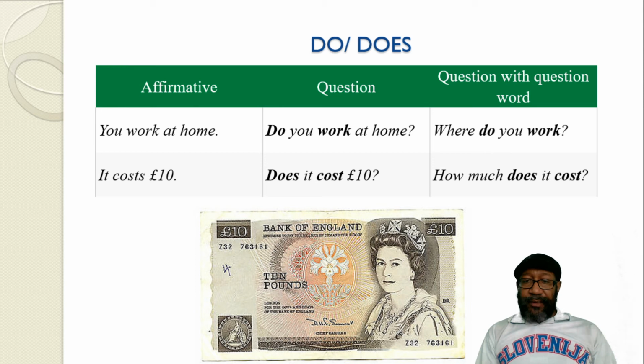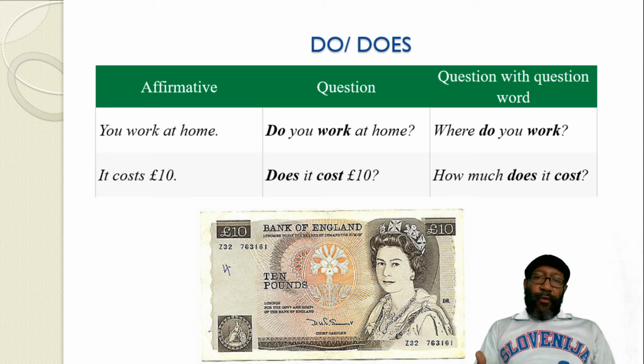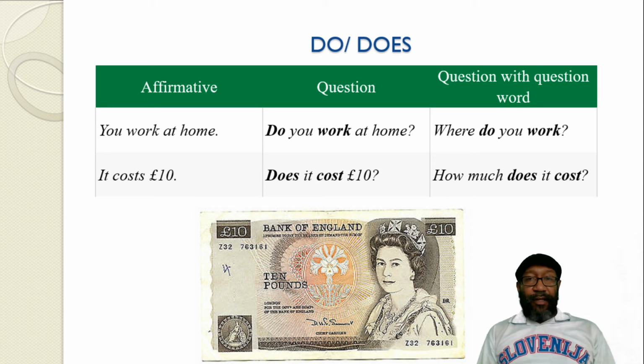So you can see, depending on the answer you want, you can use it, right? So if you already know some information about the question, you can use these second column questions. But if you are not sure, then it's better to use the question word.